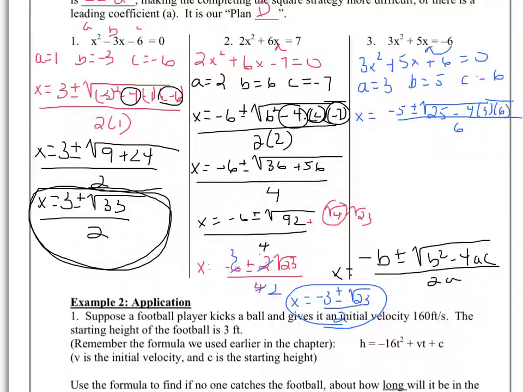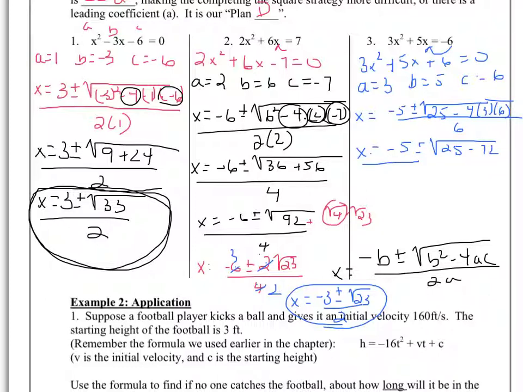Okay? So now, negative 5, we're going to simplify. 25, and then 4 times 3 times 6 is 72, so minus 72.